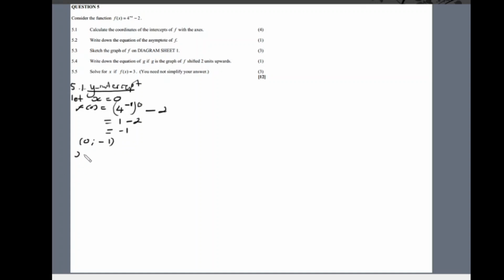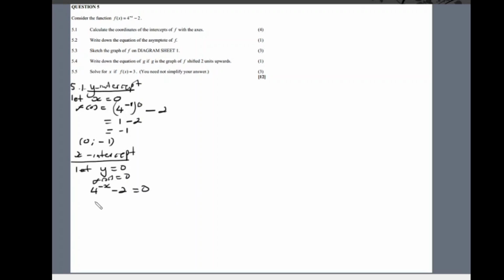And then we go on to the x-intercept, and there we let y be 0, that is f of x be 0, and then we know that our function f of x is 4 to the power minus x minus 2 is equals to 0. And then now this becomes a question of solving for x, right?